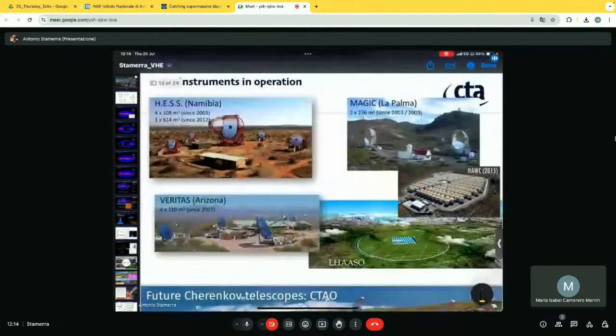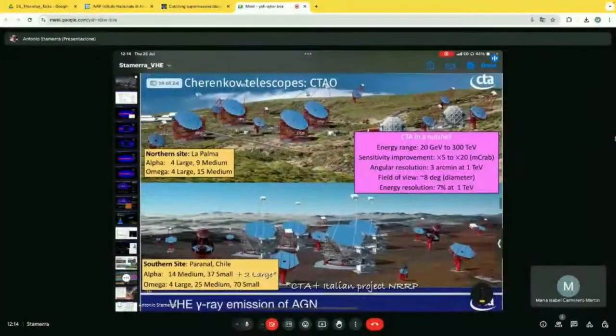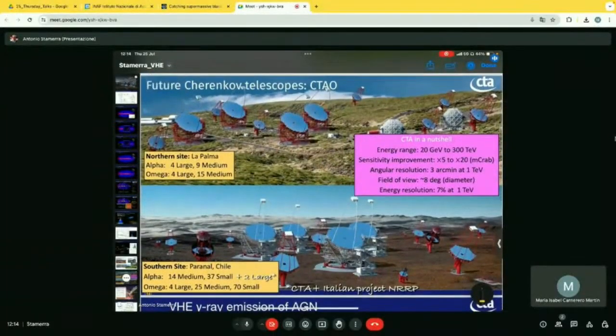Now, these are the TeV instruments. I include not just the Cherenkov telescopes, but also other instruments that are in operation, for example, LHAASO and HAWC, and of course the historical or present generation of Cherenkov telescopes, which are MAGIC, H.E.S.S., and VERITAS. And in the future, we are also in a good timeline with the Rubin telescope. In the future, we have the Cherenkov Telescope Array Observatory.